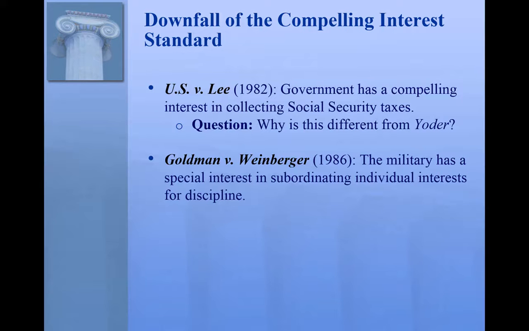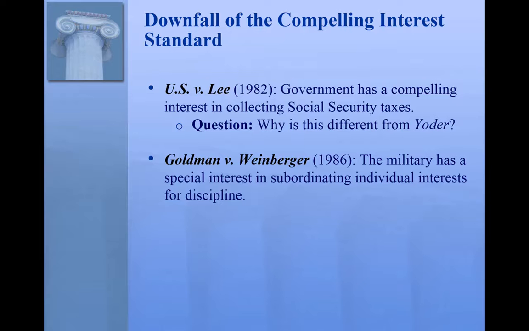The court says that the military has a special interest in subordinating individual interests to discipline. Now, this involved a serviceman, Goldman, who wanted to wear a yarmulke under his regulation military hat.